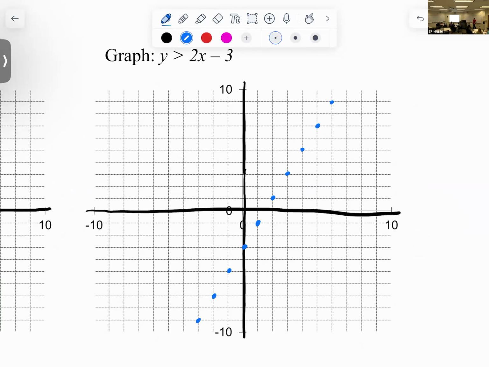I'm still going to plot, count the rise over the run, and plot the points.